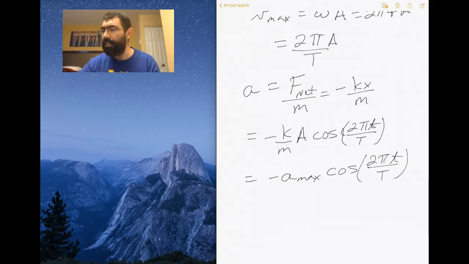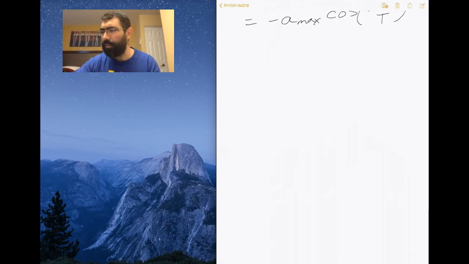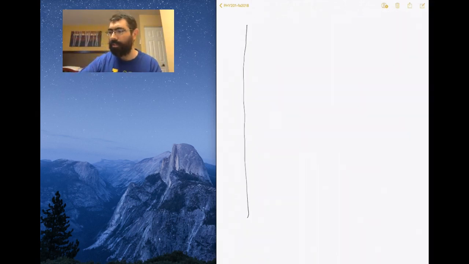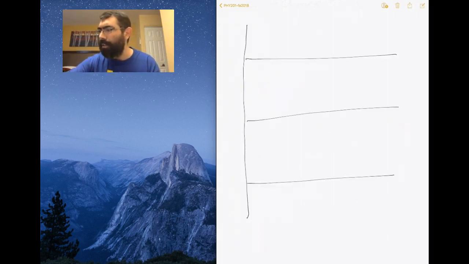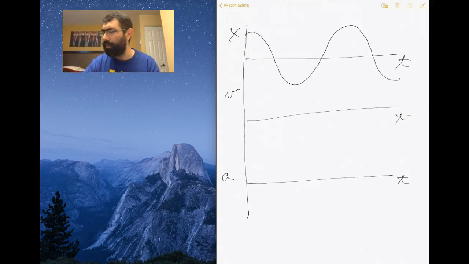So this is now very interesting, because what we have, if I can draw this out properly, so we draw out these position, velocity, and acceleration with respect to time. The position is a cosine function.